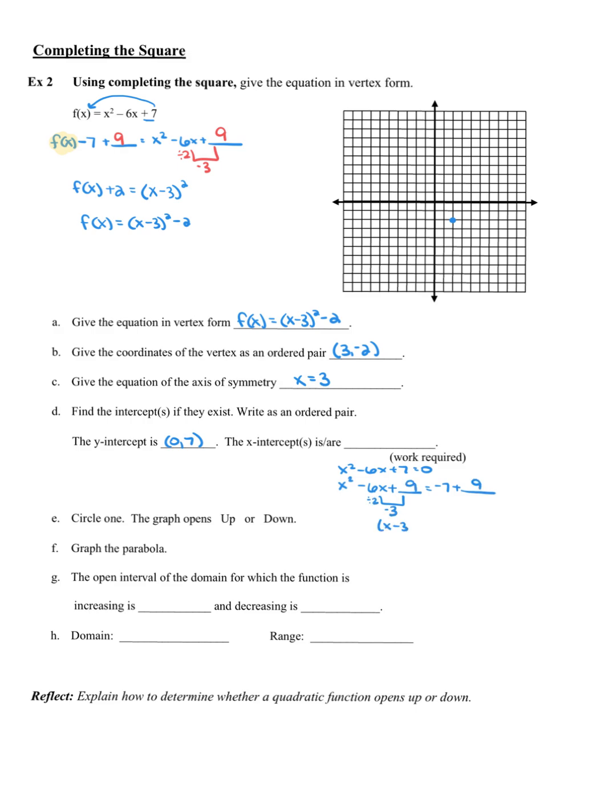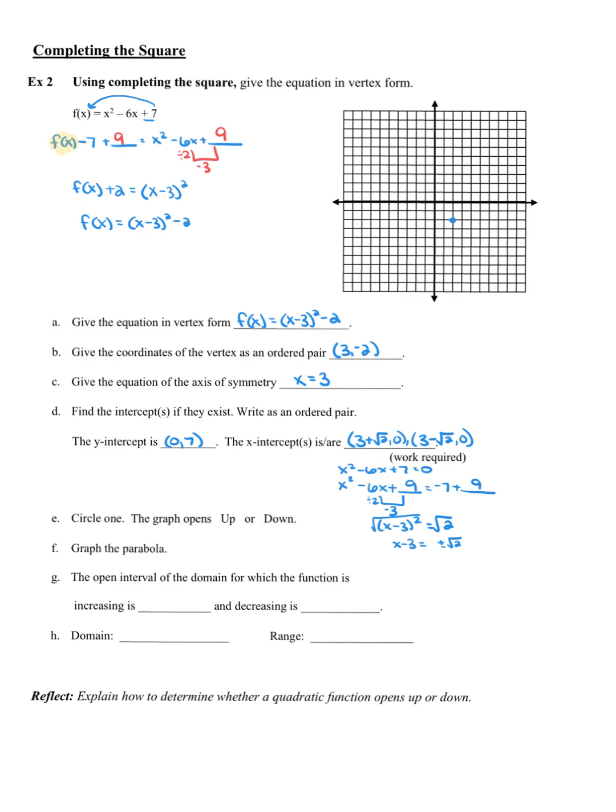So x minus 3 squared equals 2. And now we're solving for x. So this is where it's different than converting the form. I'm solving for x when it's set equal to 0. So x minus 3 equals plus or minus the square root of 2. So x equals 3 plus or minus the square root of 2. So that means I have two intercepts, 3 plus the square root of 2, comma 0, and 3 minus the square root of 2, comma 0.